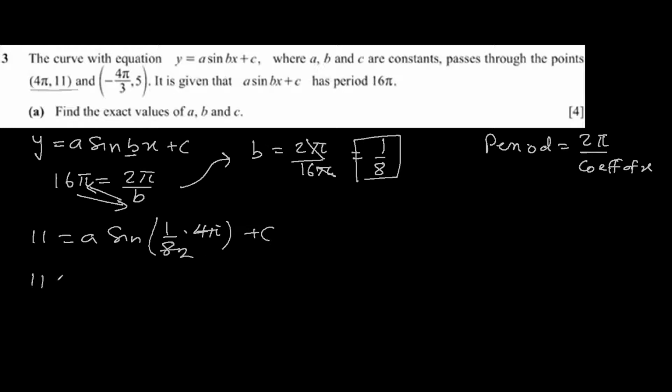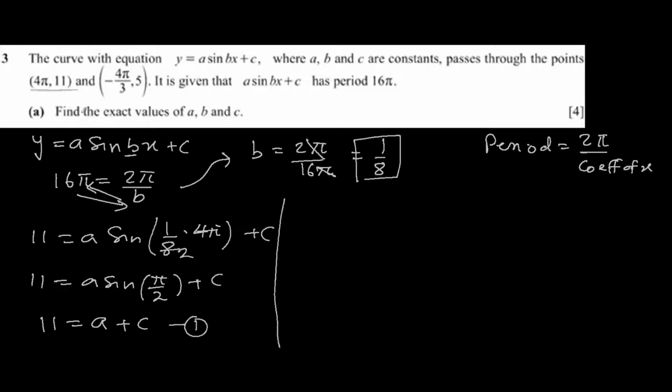So 11 equal to A sine pi by 2 plus C. Sine pi by 2 is 1. So 11 equal to A plus C, because this is 1, and 1 times A is A. This is equation number 1.